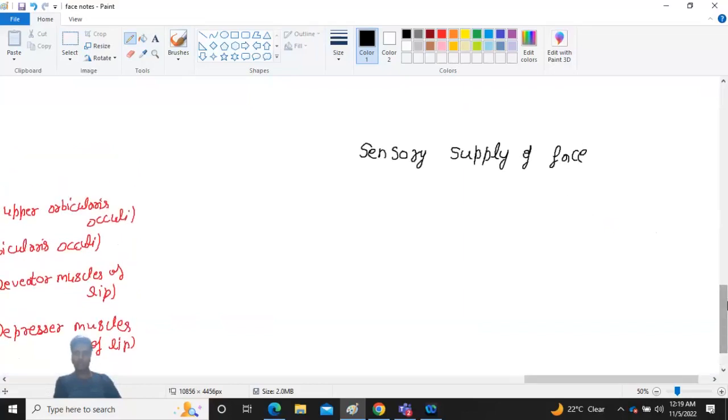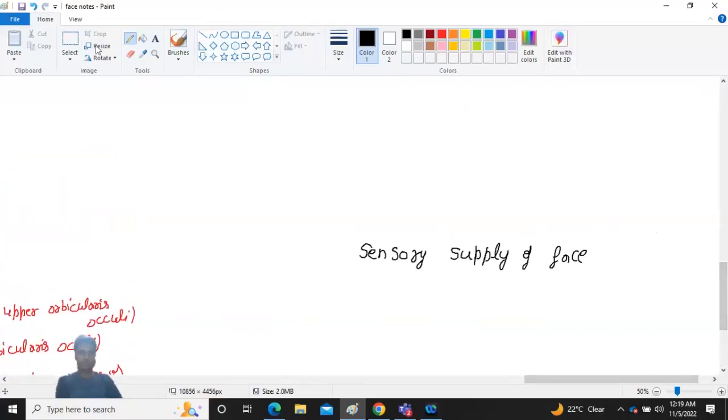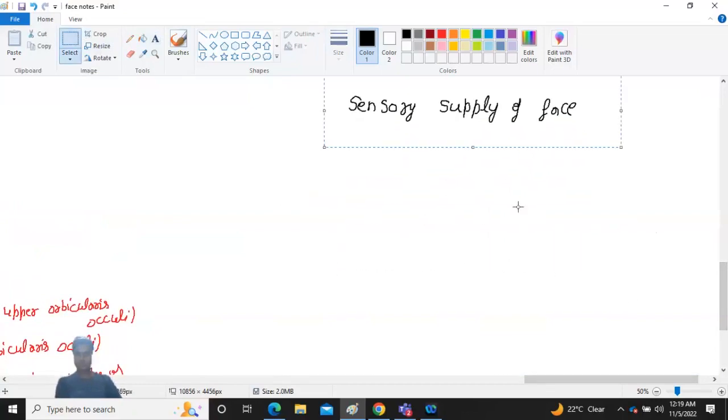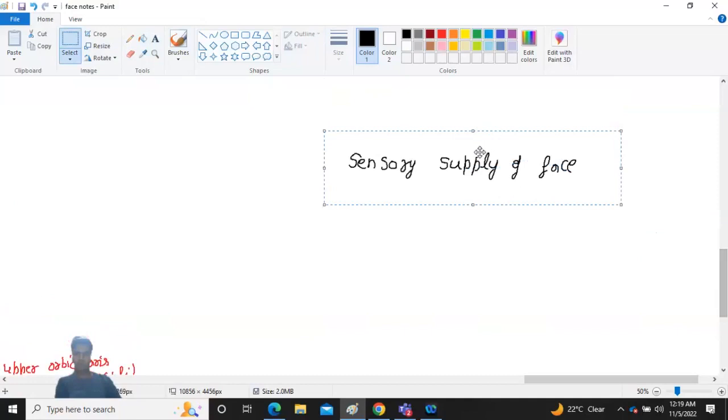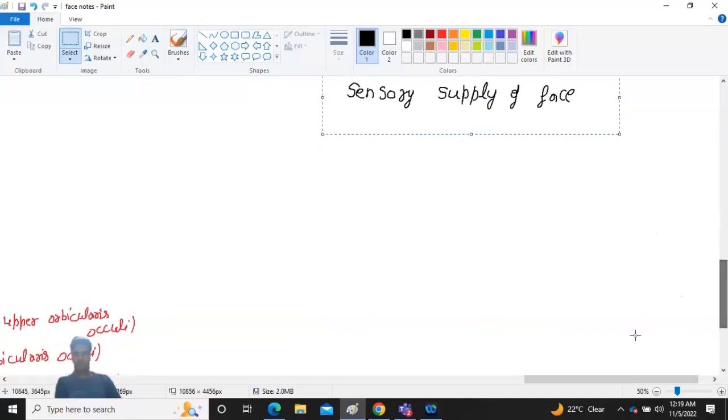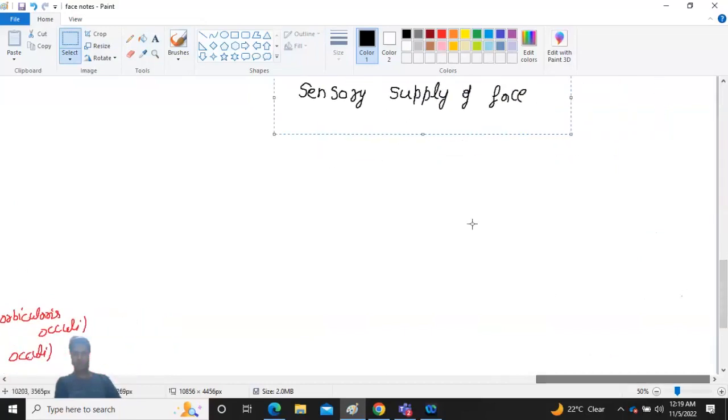Sensory supply is slightly bigger. For sensory supply, we draw a face.